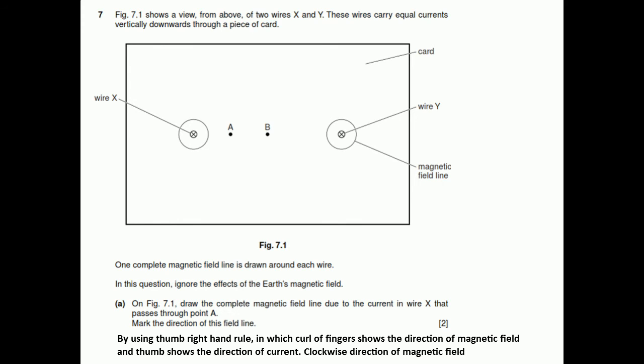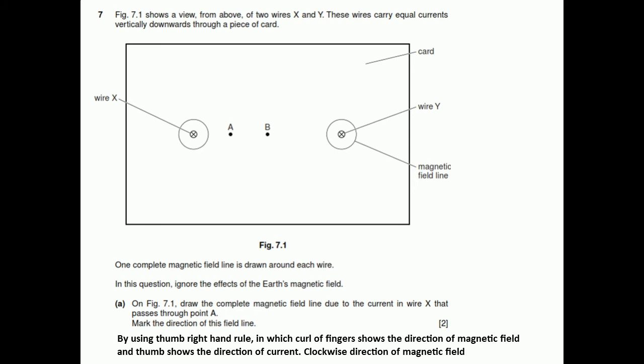So your thumb direction will be into the page, showing that the direction of current is into the page. Then your curling fingers will be in the clockwise direction, and this clockwise direction shows the direction of the magnetic field around wire X.